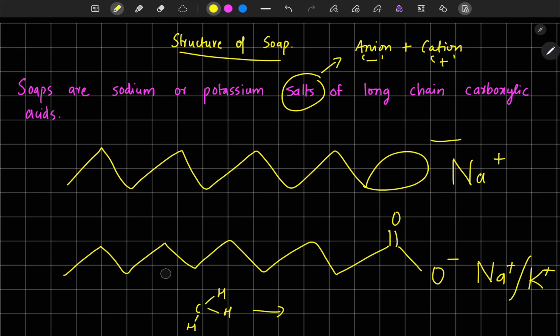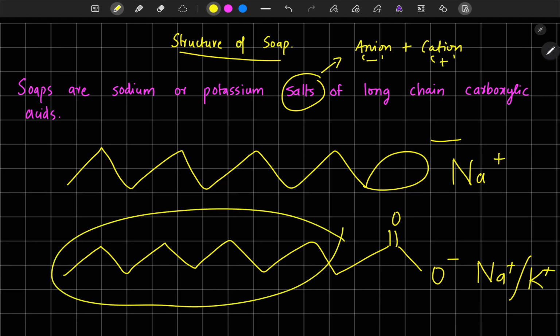The next thing is, we already studied that soaps are sodium or potassium salts of long chain carboxylic acid. One general formula we can write: since this hydrocarbon chain, we can take it as R, and here there is a carbon, so COO Na is present.